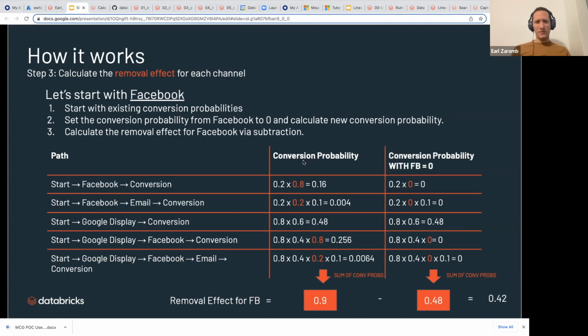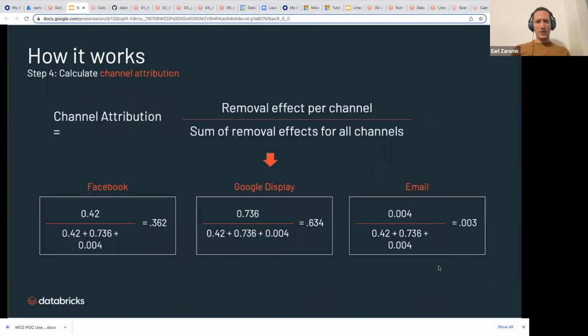And then we'll look at what would happen if we were to just take out that Facebook element, so the journey ended before they got to the conversion. So we can get an understanding of what that effect would be if we just excluded Facebook entirely. And that's the idea of coming up with that removal effect for each channel. So this is, at a high level, how that would work.